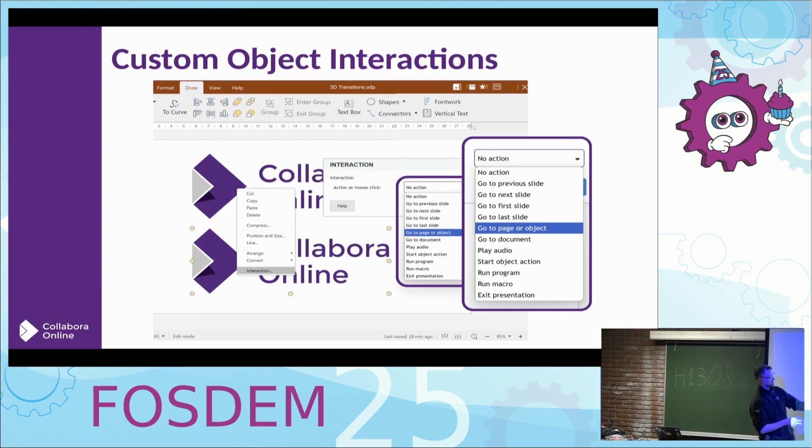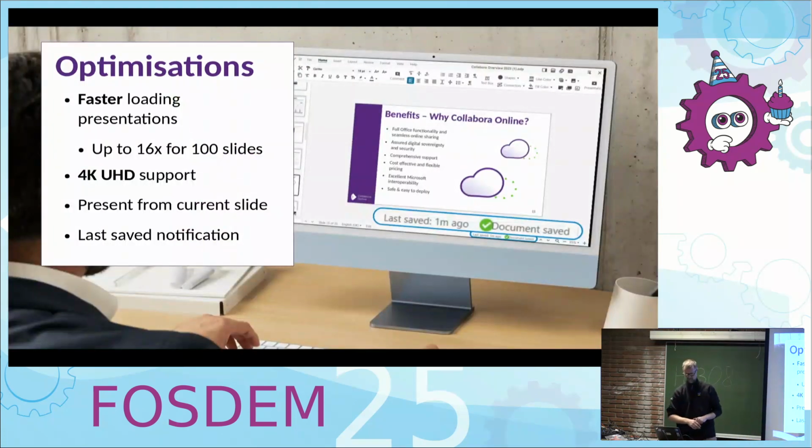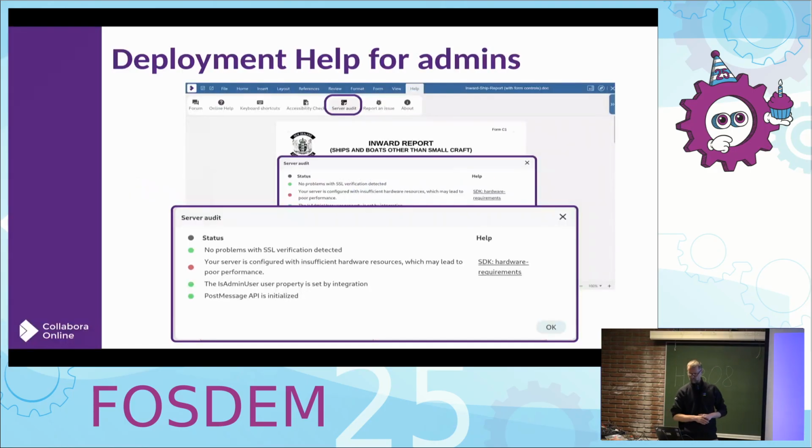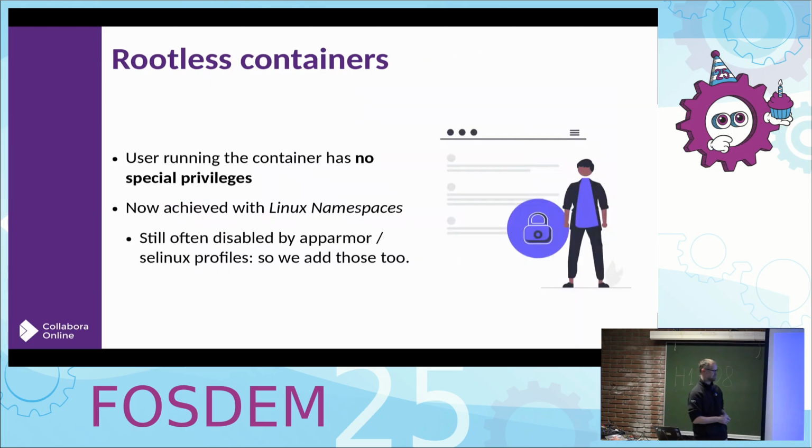But there are all of these embedded actions that you can apply to shapes and so on. And we even made it faster and better at starting, so that's good. We tried to make it easier for people to work out what they'd done wrong, which is always good. So if you've misconfigured it horribly, maybe you can find out how, with links to the SDK or install instructions to say, yeah, perhaps you need a certificate or something.